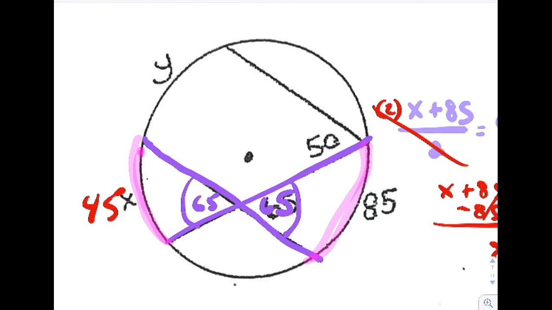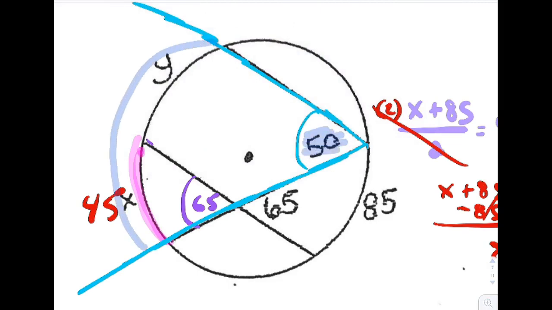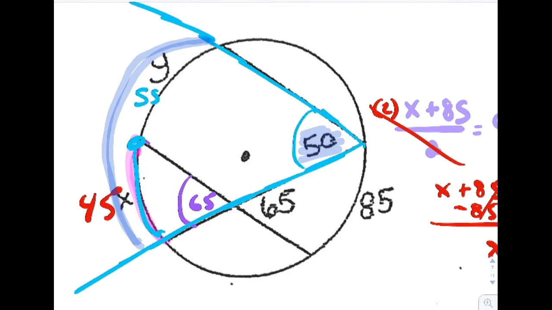Now I know you can't do this, but I'm going to erase some of this and focus just on this 50-degree angle and show you that it opens up to this full arc here. So if this is 50, then this full arc out here would be 100. And we already know from here to here is 45, so this part must be 55, because 55 and 45 have to add up to 100. So the arc for y is 55.